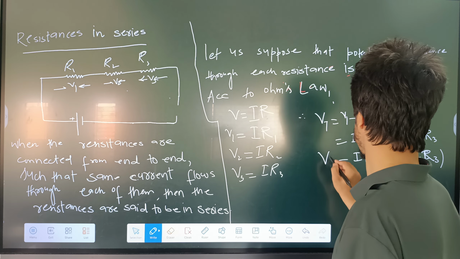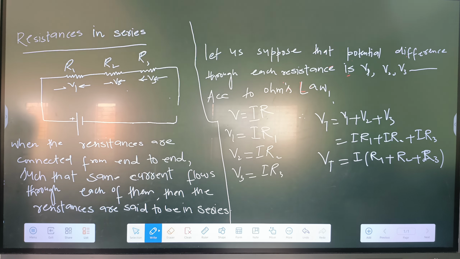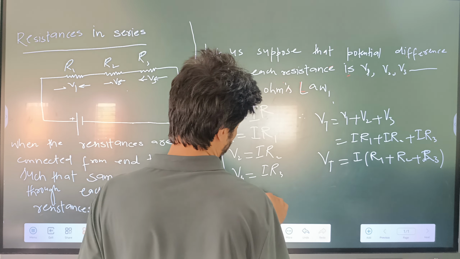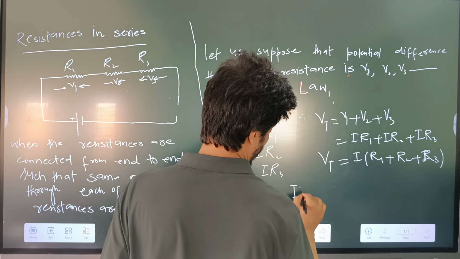So that is the total potential, Vt is equal to I Rs, or we can say therefore Vs is equal to I into Rs.